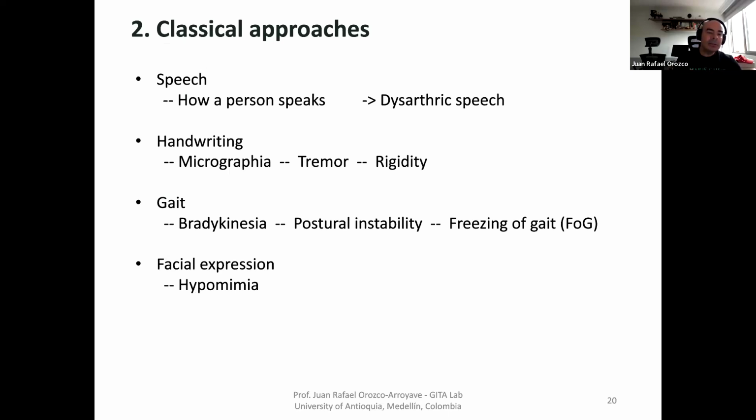In handwriting, we try to model micrographia, tremor, if we have access to dynamic handwriting movements, and rigidity. In gait, we try to model freezing of gait, postural instability, and bradykinesia. And in facial expression, we mainly model hypomimia.